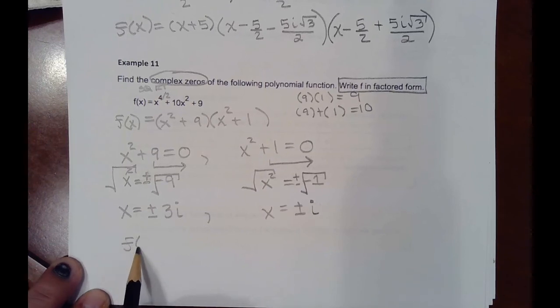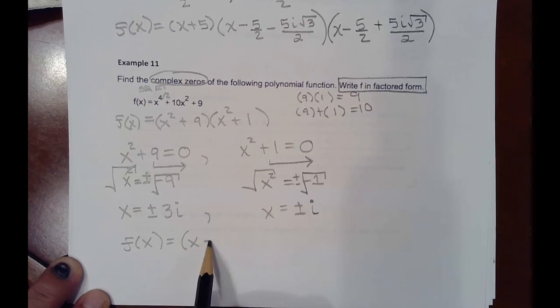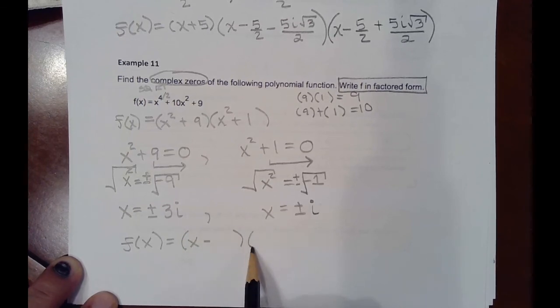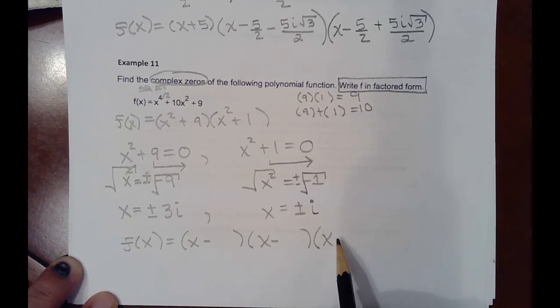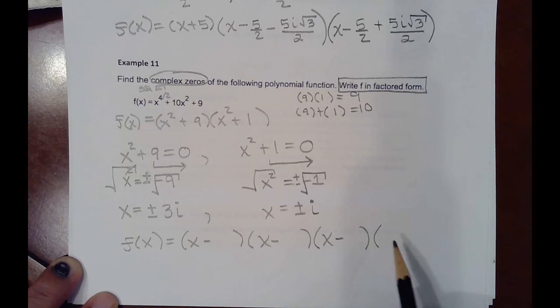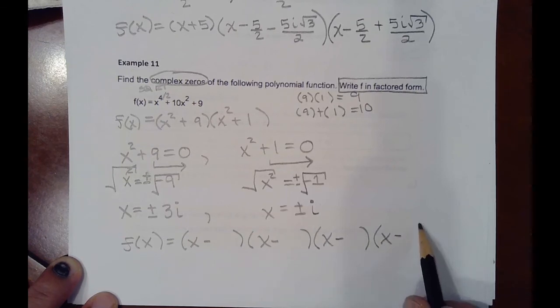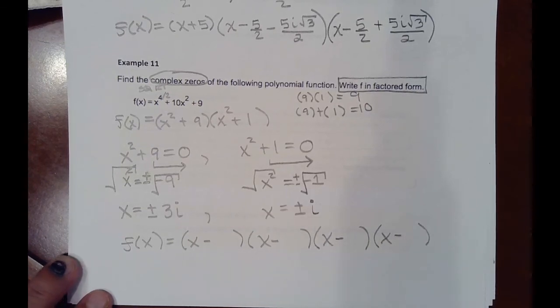So f of x in factored form is like this. For each factor, you're just going to go x minus a 0. x minus the next 0, x minus the third 0, and x minus the fourth 0. You can get yourself set up like that.